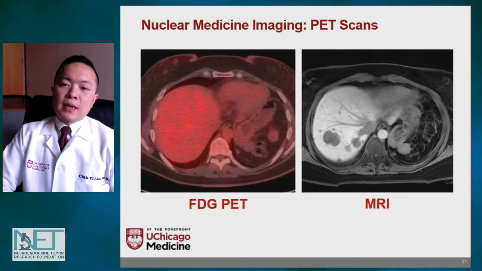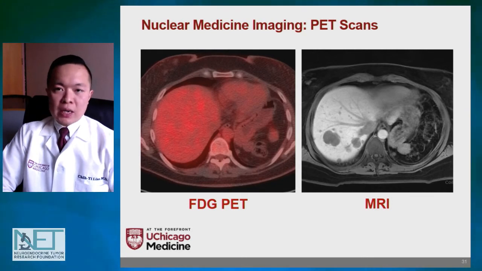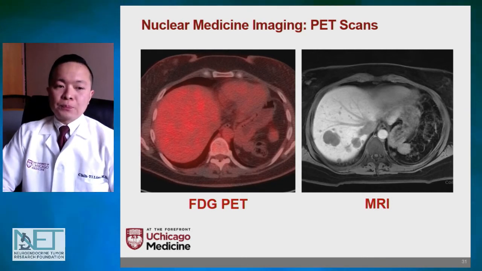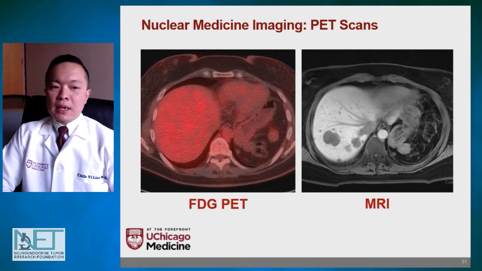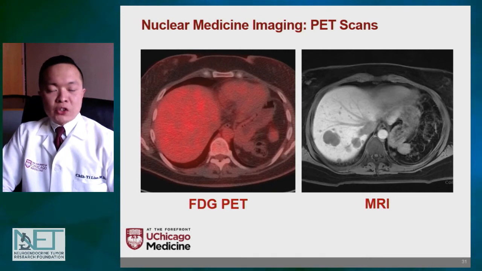Another type of PET scan that we use in cancer diagnosis and staging is called FDG PET scans. When you talk about a conventional PET scan, this is what people refer to. This is the regular type of PET scan. The way that these PET scans work is that the tracer is essentially radioactive sugar.